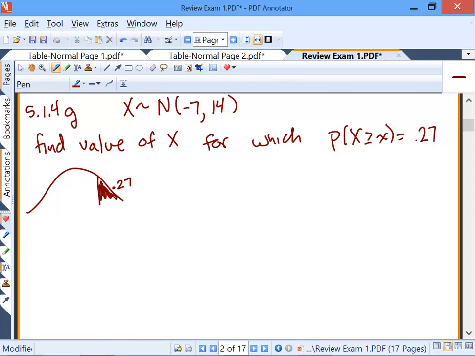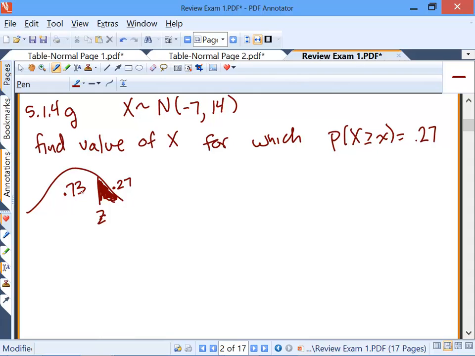So I want the area to the right to be 0.27, and first step is I have to find the specific z value that will make that work, because I only have a z table. Now my z table only has areas to the left. This is an area to the right, so I should use the complement rule. If the area to the right is 0.27, then 1 minus 0.27 is 0.73. So the area to the left is 0.73.